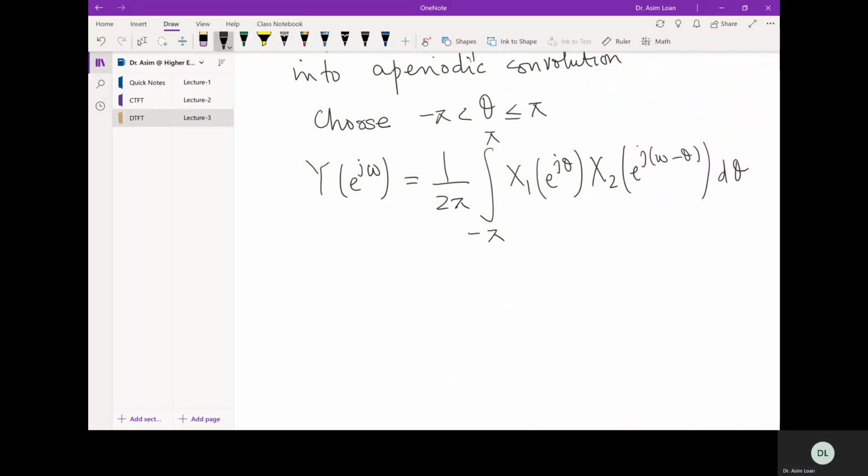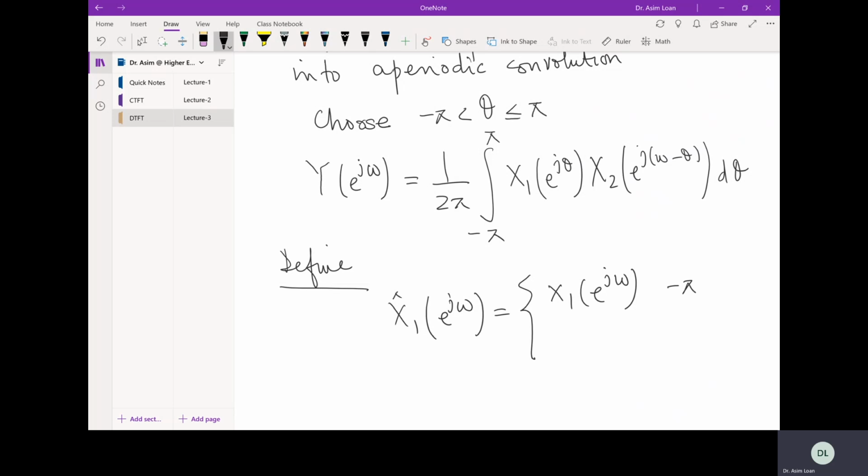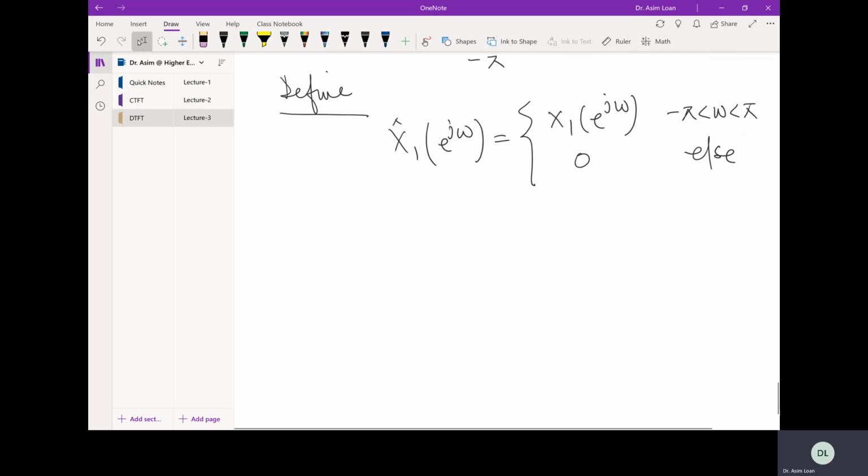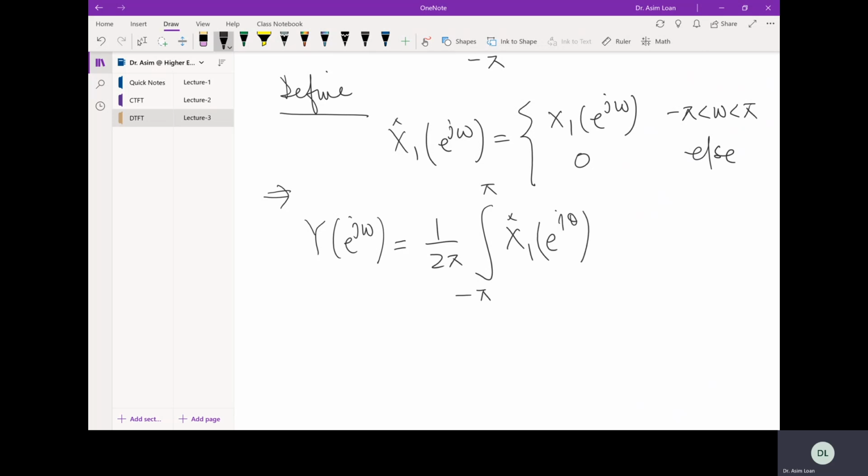Define X1 hat of e^j omega to be equal to X1 of e^j omega over minus pi to plus pi and 0 else. So this implies Y of e^j omega is simply 1 over 2 pi, integral from minus pi to plus pi of X1 hat of e^j theta into X2 of e^j omega minus theta d theta.